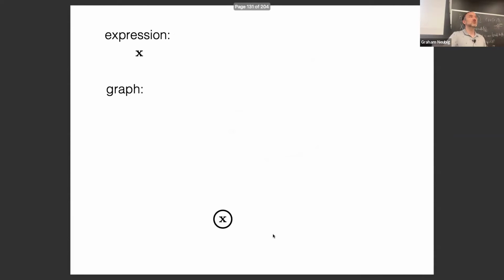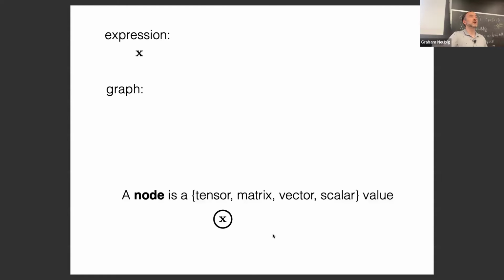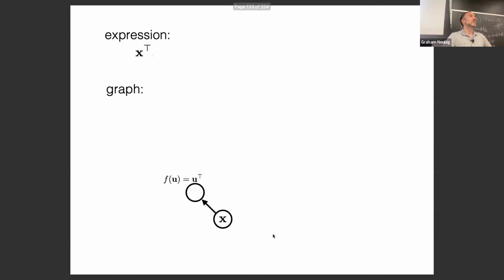So in a computation graph, we have nodes in the graph. And a node is some set of values. It's usually a scalar value, a one-dimensional vector, a two-dimensional matrix, or an arbitrary dimensional tensor. Nodes can also be functions, and the result of this is a tensor.